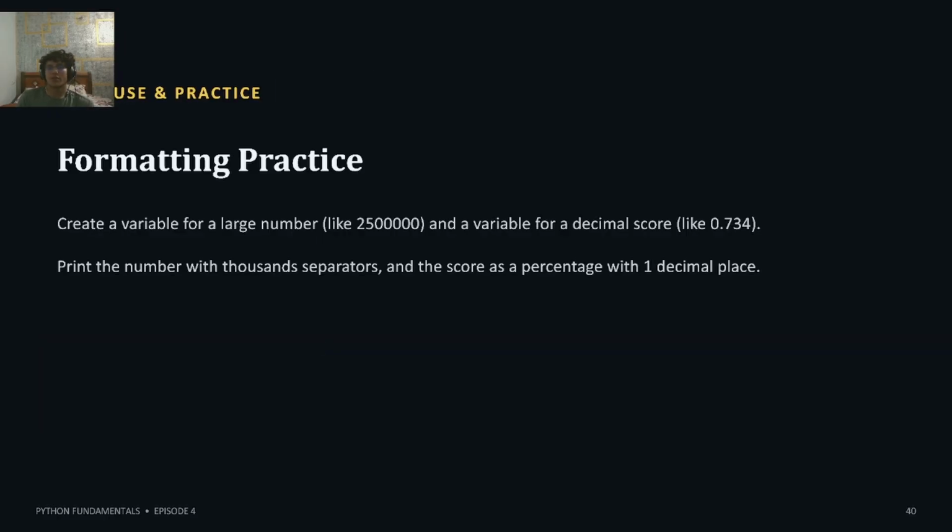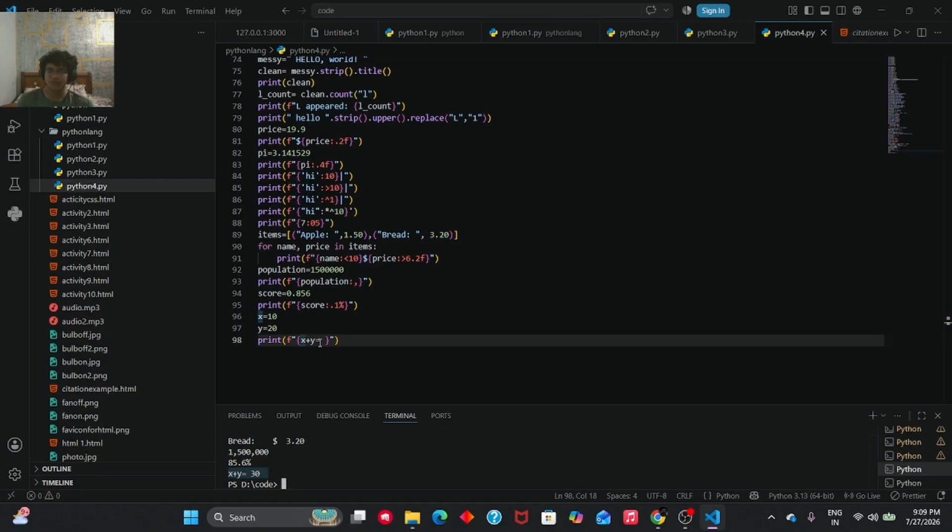Just pause the video and try this question by yourself. Create a variable for a large number and a variable for a decimal score like 0.734. Print the number with 1,000 separators and the score as a percentage with one decimal place. Let's check this question.